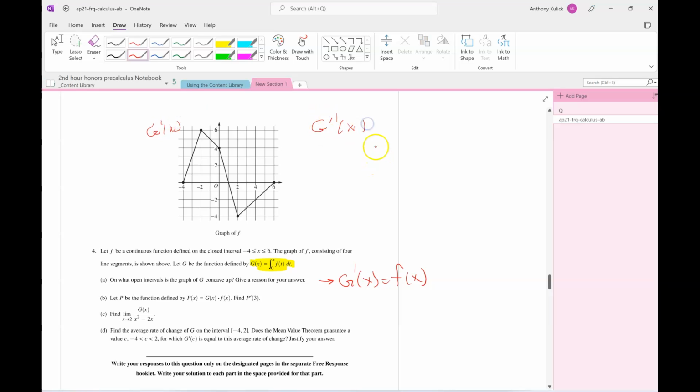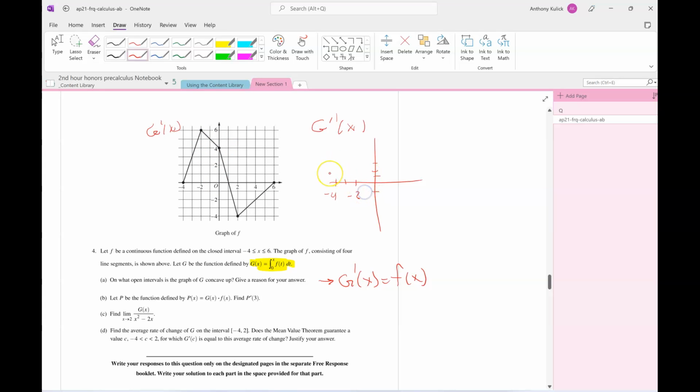If I want to graph g double prime, the slope from -4 to -2 is, looks like we went 2 over and 6 up, so it is 3. And then the slope from -2 to 4 is going 2 over and 2 down. So that's like -1.